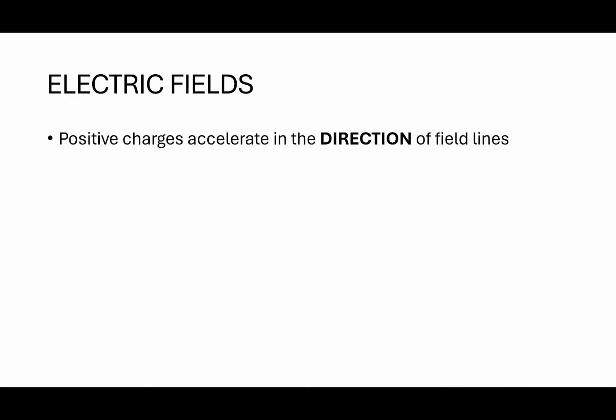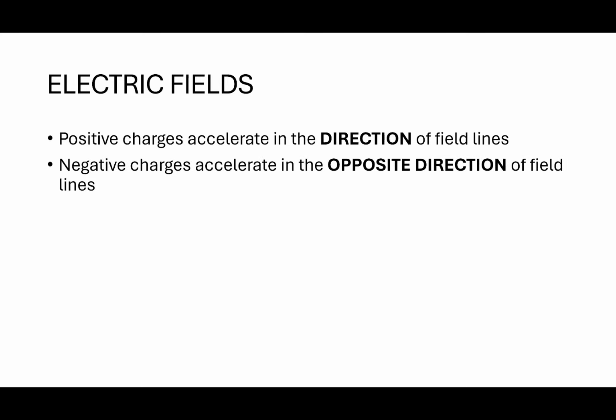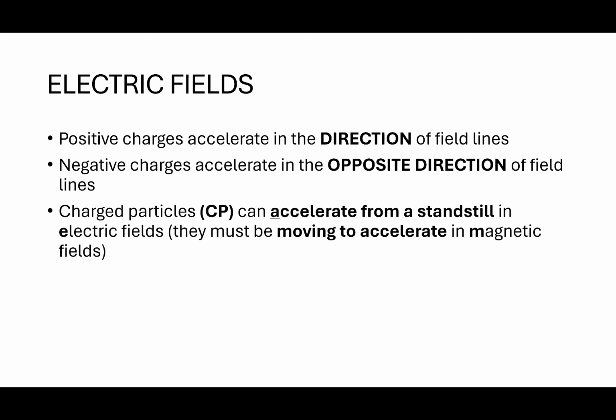Now, a side note about electric fields is, this is very important when talking about the motion of particles and how they interact with particles. So positive charges will accelerate in the direction of the electric field lines. Negative charges accelerate in the opposite direction of the field lines.